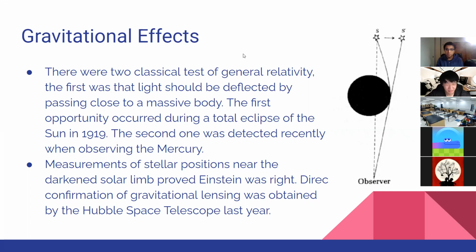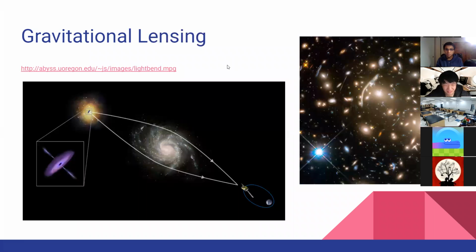And the Hubble Space Telescope obtained an image of gravitational lensing last year. I'll show some images in the film. This is actually two pictures.